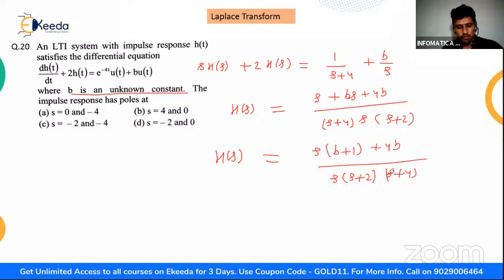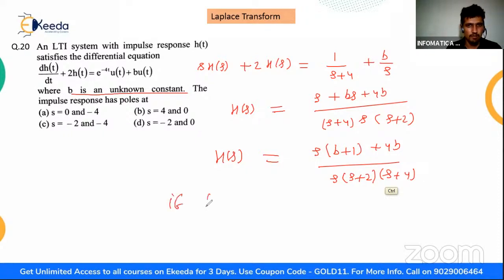Suppose this is S basically, so don't get it confused with this. Suppose B is minus 1, okay? Or we say B is 0, then this S will cancel out, okay? So H(s) will have poles at minus 2 and minus 4.